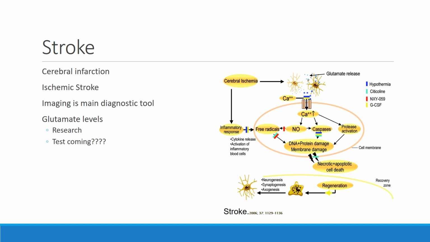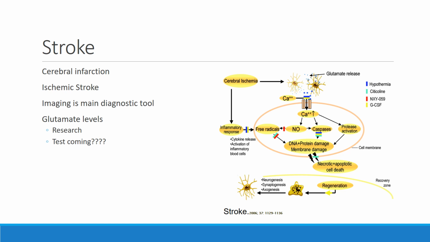Okay, not just stroke, it also happens with head trauma and some other neurological diseases. But then glutamate just floods the tissues, it floods the area, okay? And that surge of glutamate will radiate out from the area where the damage was, and it'll kill the neurons, you know, as it radiates out. The increased concentrations will kill the neurons, okay?